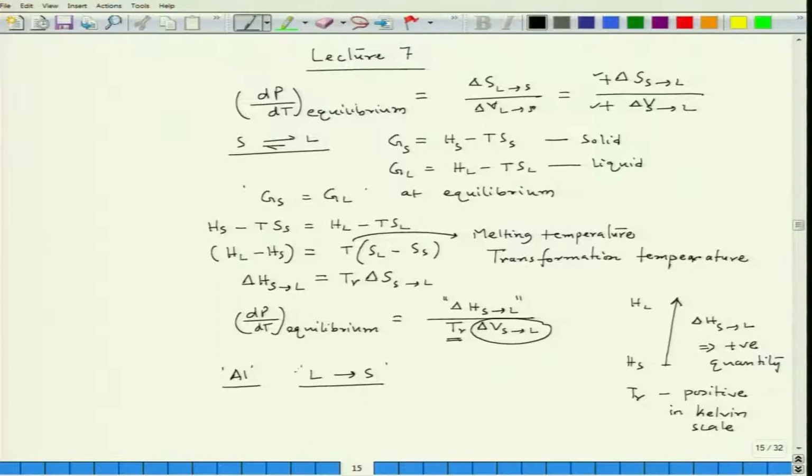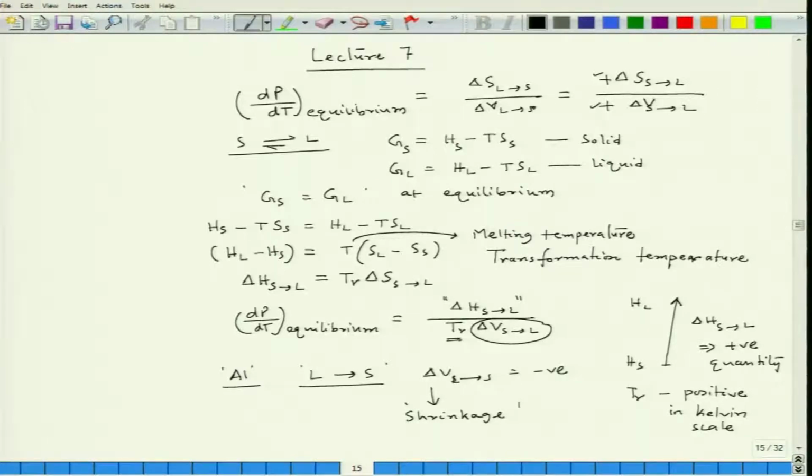Now, for this liquid to solid transformation, the volume change is negative, and that is why we get shrinkage in casting. In the reverse, when solid transforms to liquid, the volume expands.